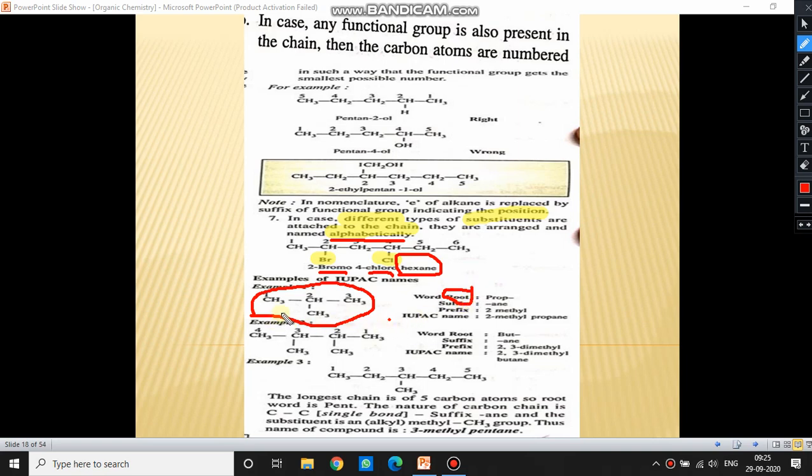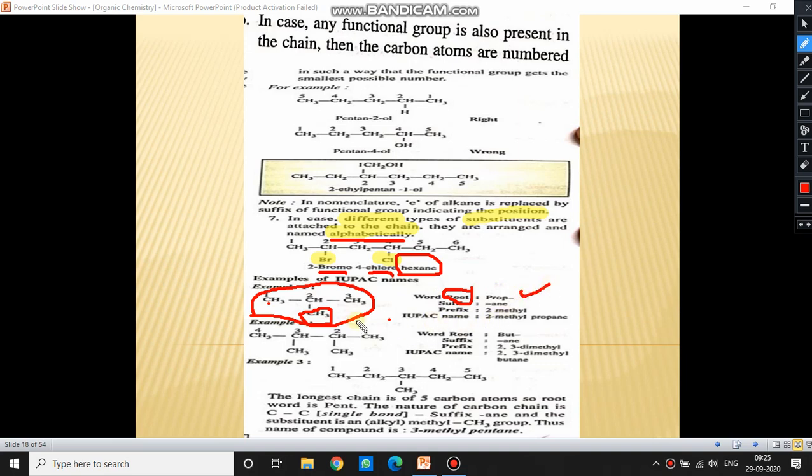Now we have to find the root word by following rule number 1, that is we have to include maximum carbons in a chain. If we go straight, then 3 carbons are there in our chain, and this carbon CH3 is out of the chain. So 3 carbons are coming in a chain, so the root word is prop.